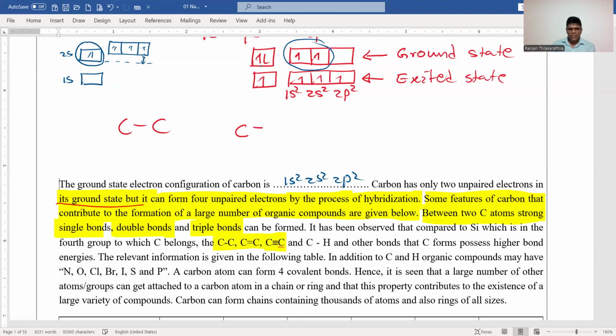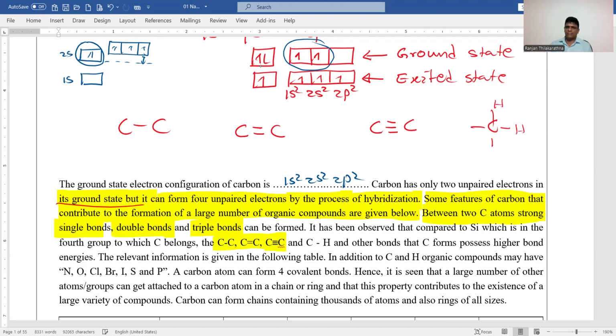Carbon can form a carbon-carbon single bond, a carbon-carbon double bond, and a carbon-carbon triple bond. But carbon will never form four bonds between two carbon atoms. Any two atoms will never form more than three bonds between those atoms. But carbon can form four bonds with different elements.